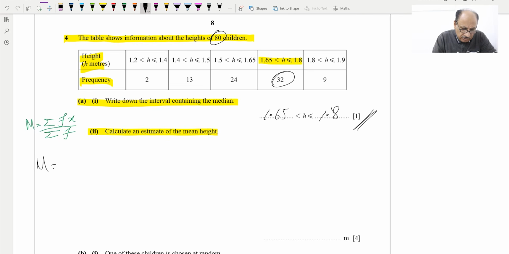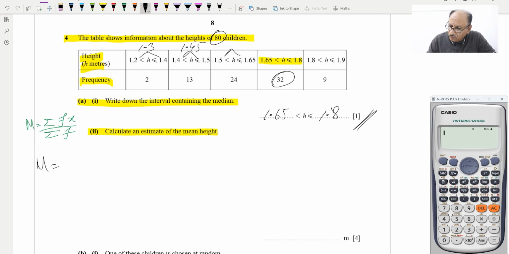So mean is equal to, we will be taking the middle of these two values. This will be 1.3 and this will be 1.45, and this one we can calculate. This will be 1.5 plus 1.65, divided by 2, will be equal to 1.575.